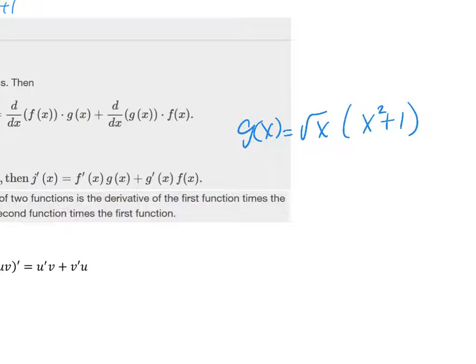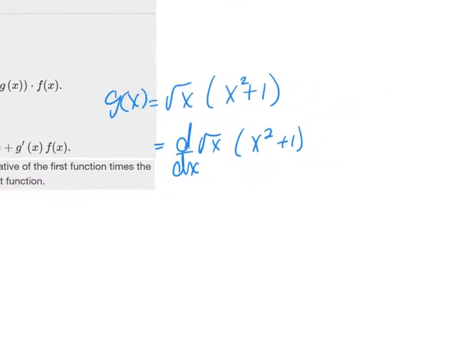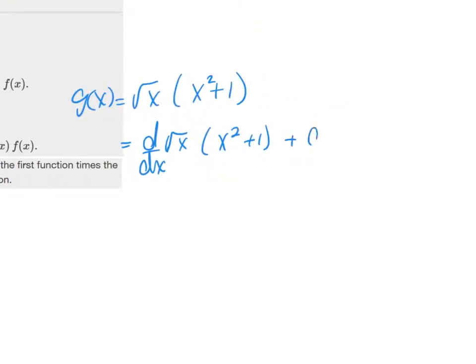Using this rule, then this is going to be the derivative with respect to x of the square root of x multiplied by x squared plus 1. And then it's going to be plus the derivative with respect to x of x squared plus 1, times the square root of x.